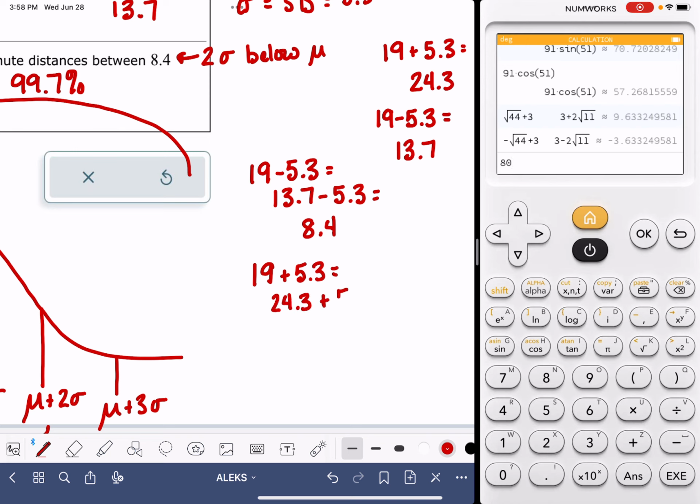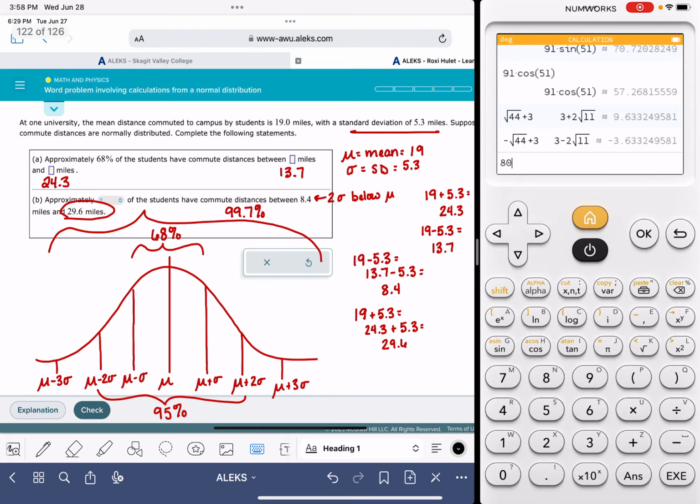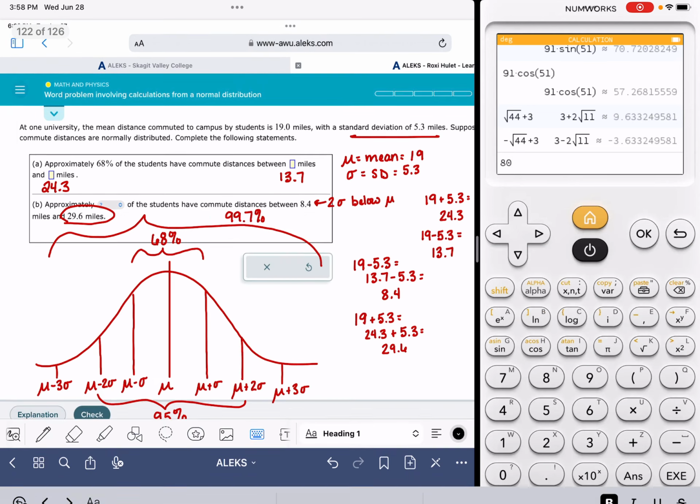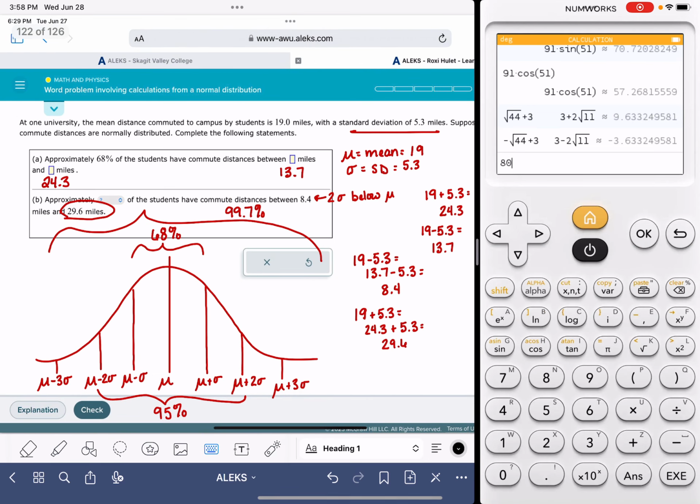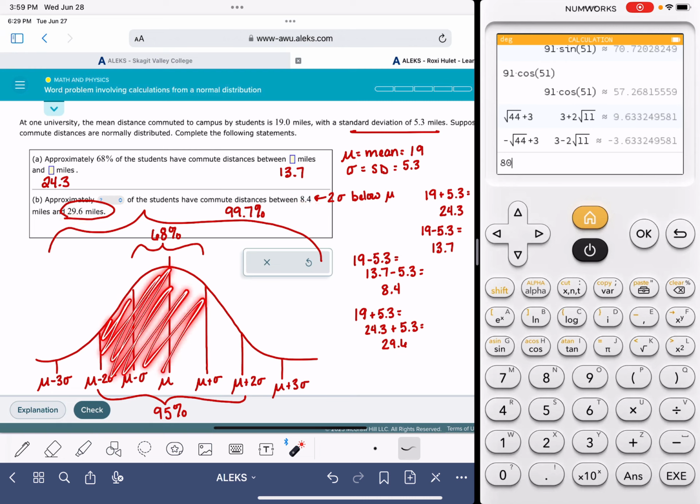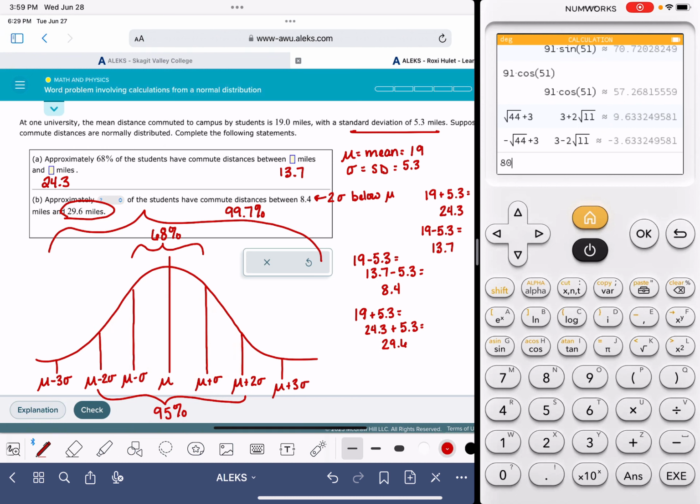And then a second standard deviation above, that's going to give us 29.6. Is that what we got? Yes, 29.6. So this range, 8.4 to 29.6, represents 2 standard deviations. That's this area right here, which is 95% of the data points.